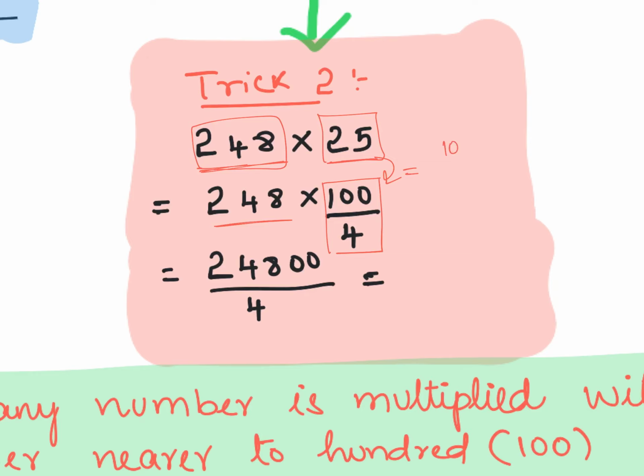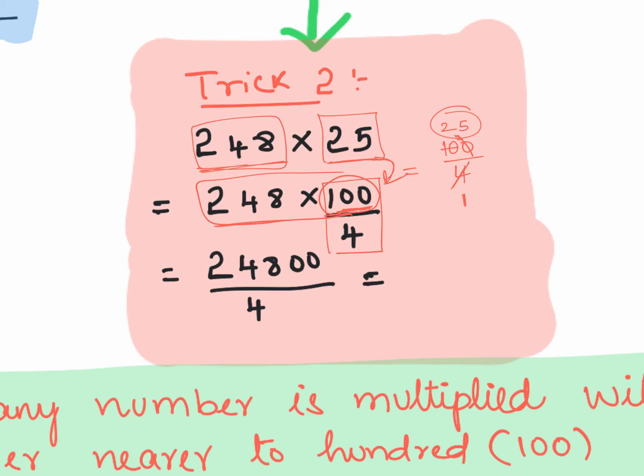Let us see. 100 by 4, 4 ones are 4, 4 twos are 8, remainder will be 2, so 4 ones and 4 fives are 20, right? So 25. Why do we write this 25 as 100 by 4? Because multiplying any number by 100 or 10 is very easy. We just need to add the zeros to it.